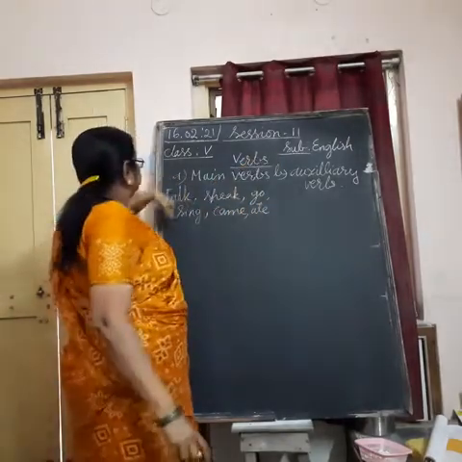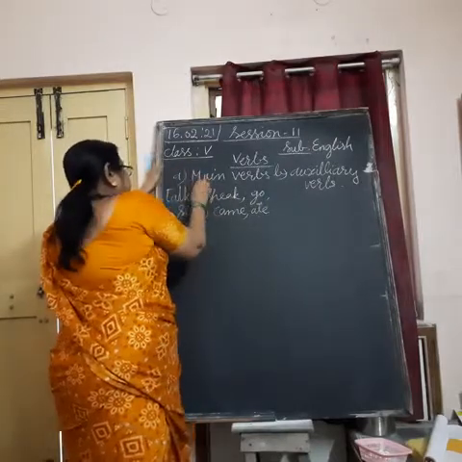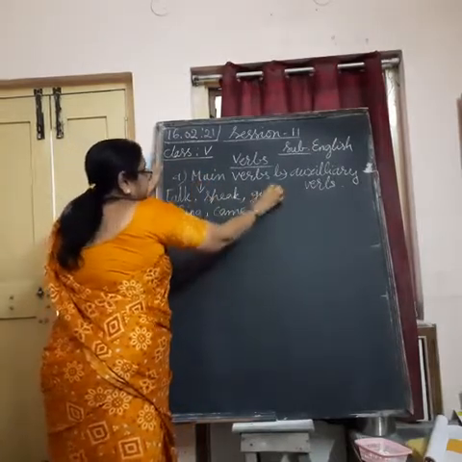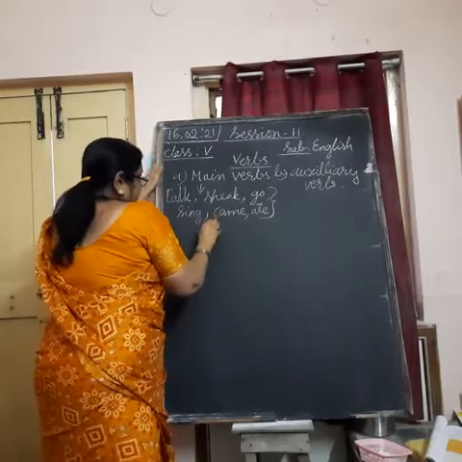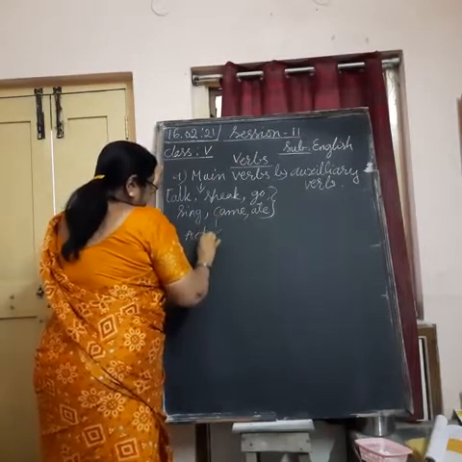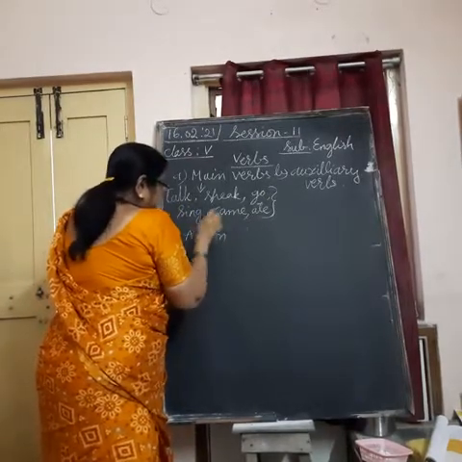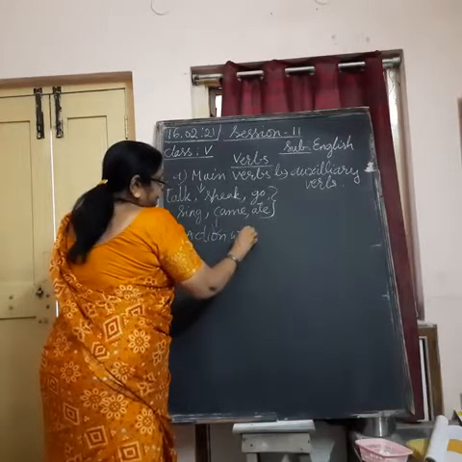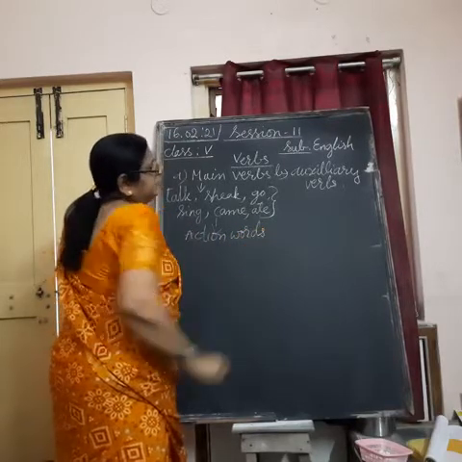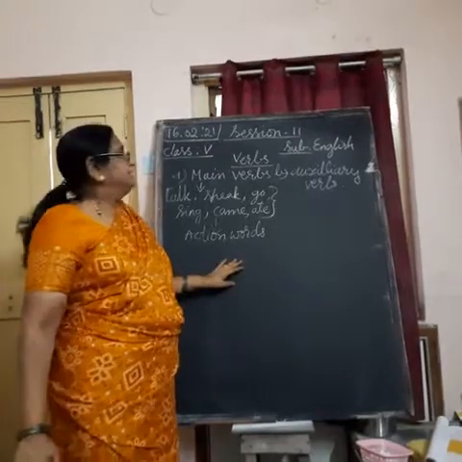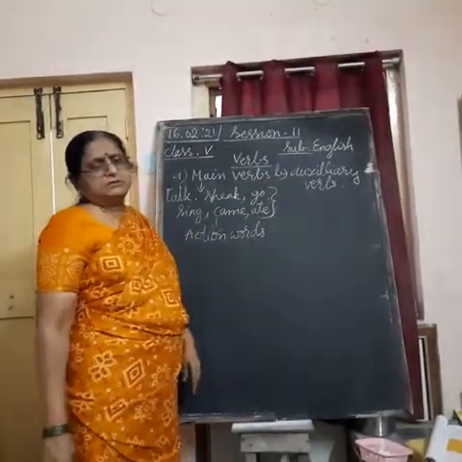So, main verbs are action words. We call them action words. These action words are main verbs. Understand? Then what are auxiliary verbs?